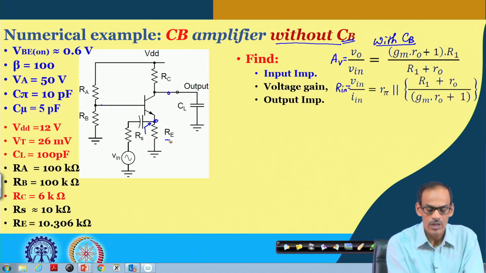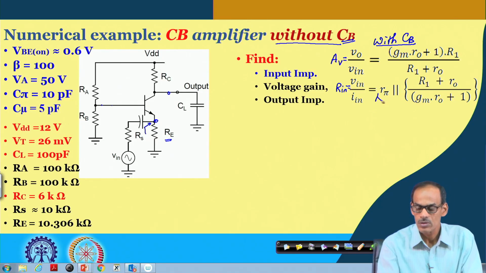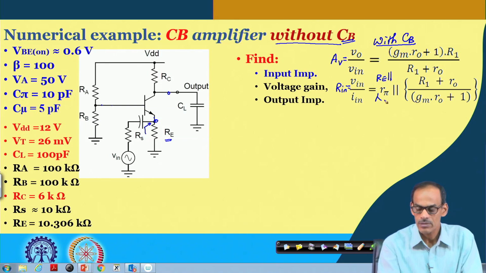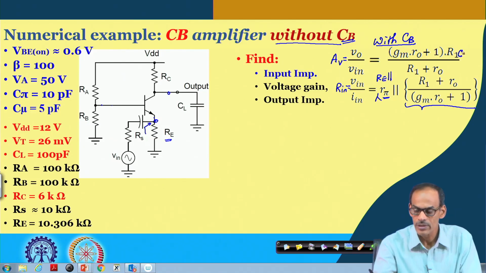If you consider Re, we should also consider Re in parallel, but the most important thing is that the main device has the R pi, and then the input impedance coming from the active circuit. A small notation correction: instead of R1, we should write RC here. So this is RC, this is RC, and the rest of the things are okay.